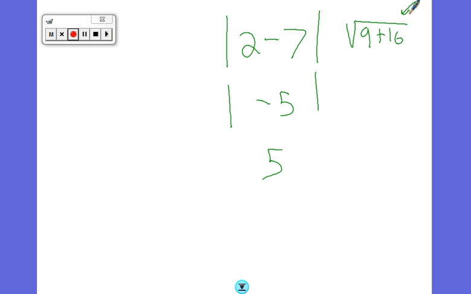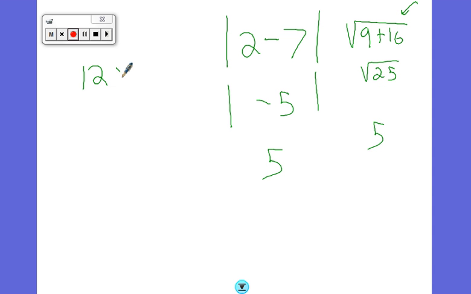When they're like this, you have to do everything on the inside first and then do the square root. So what's 9 plus 16? The answer is going to be 5. Be careful on those. Do the stuff on the inside. You're treating those as if they were parentheses and then doing the operation indicated.